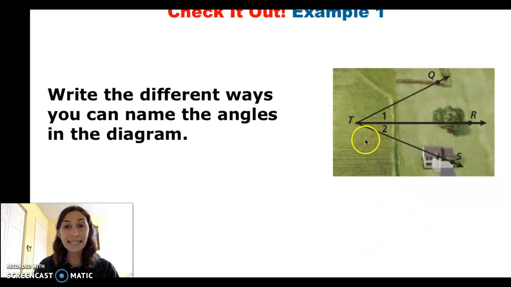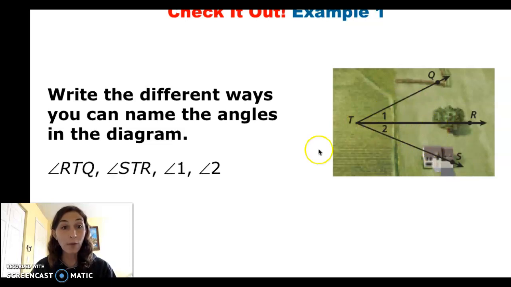All right, let's name all of the angles in this diagram. Just by looking at this diagram, I can see 3 different angles again. I can see angle QTR, which is this angle. I can see angle RTS, which is this angle, and I can also see angle QTS, which is this whole angle.